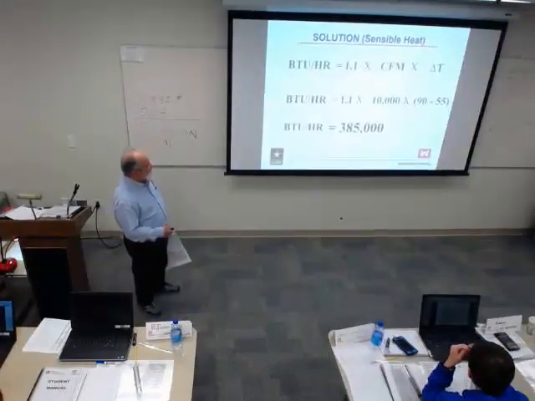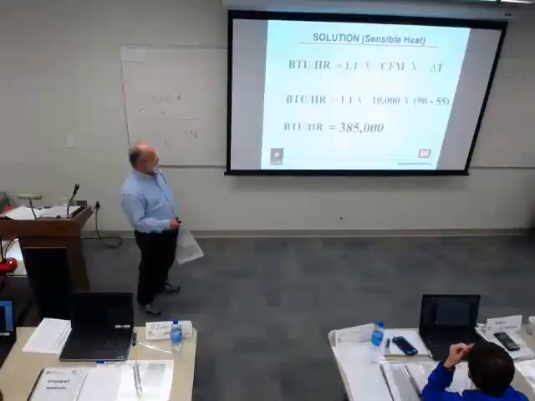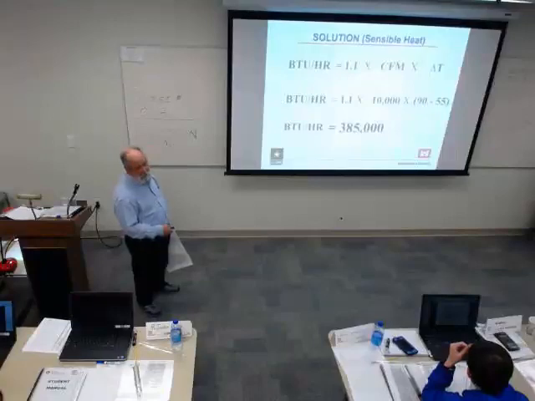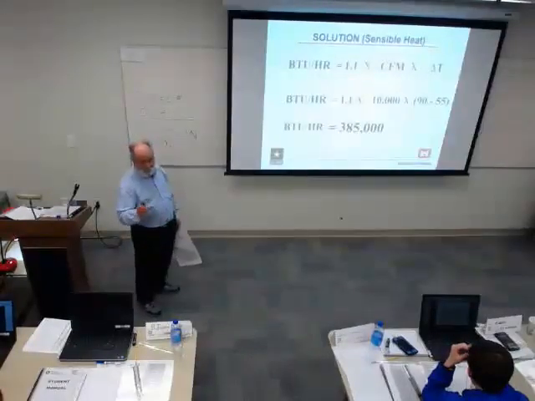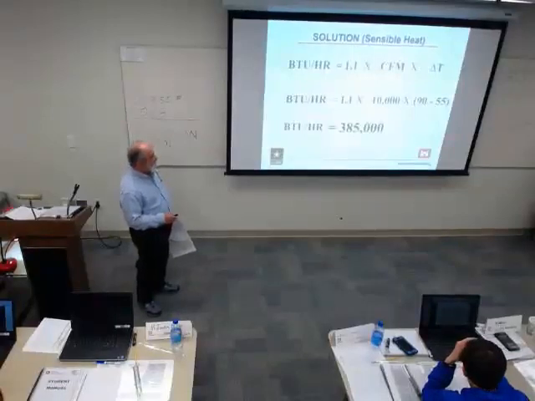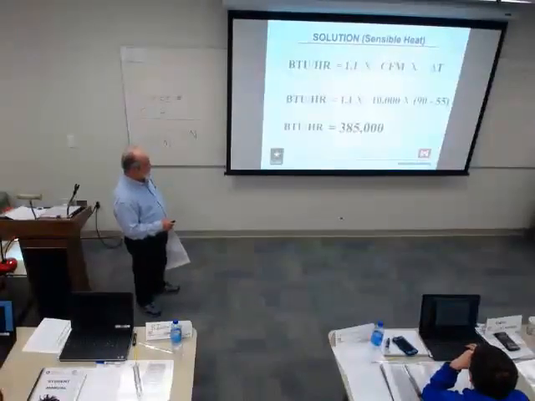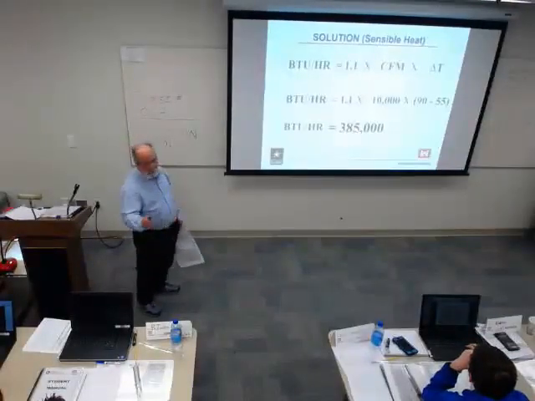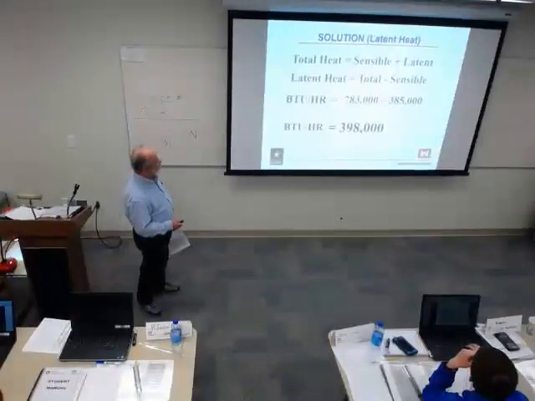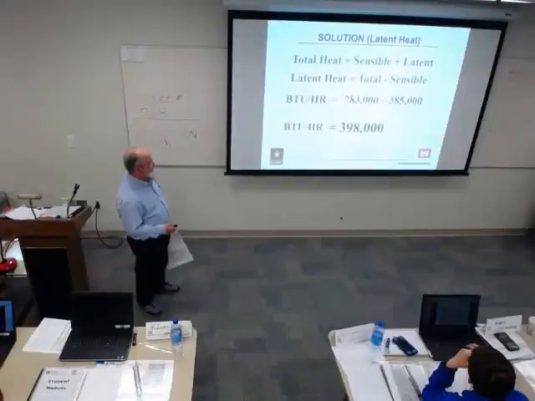Okay, sensible heat. BTUs per hour is equal to 1.1 times CFM times the change in temperature. Now again, this is just the temperature that you feel. Now that gives us, when we're all finished with those, 385,000 BTUs per hour. Now remember, we're missing the component. That's the latent. Total heat is equal to sensible plus latent.